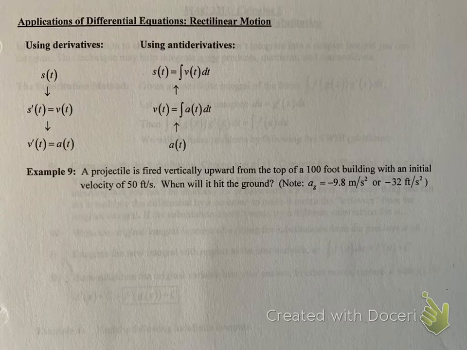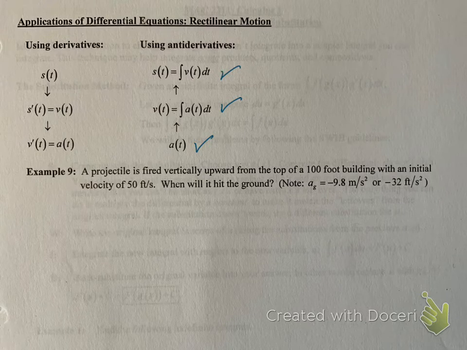And if I took the derivative of the velocity formula, that equaled acceleration. So with antiderivatives, we can work backwards. So for instance, if I start with the acceleration function, if I integrate acceleration, I get velocity. And if I integrate velocity, then I get back to the standard position.